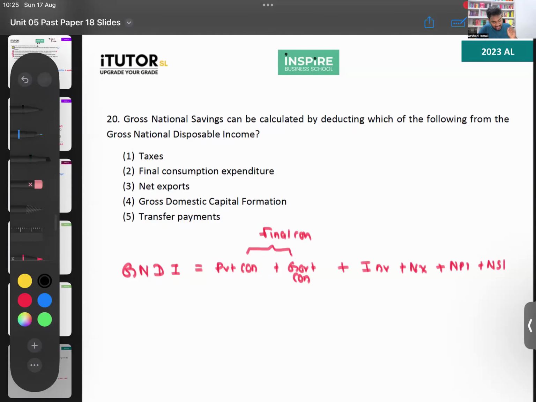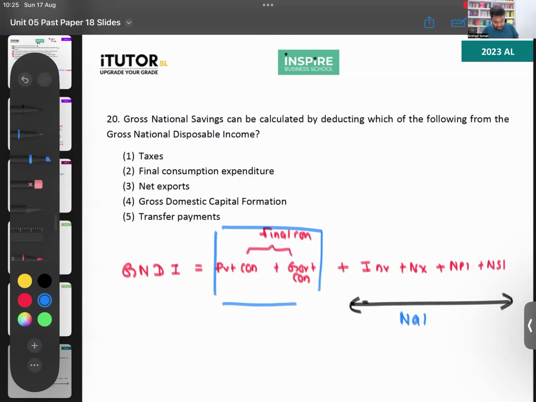So what is national savings? National savings is this, right? Investment, net exports, net primary income, net secondary income. So from gross national disposable income, if you want to get national savings, what should you minus? You have to minus this part. If you deduct this part, then you will get national savings. What is that?